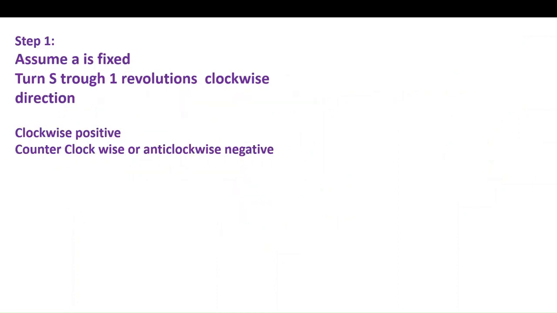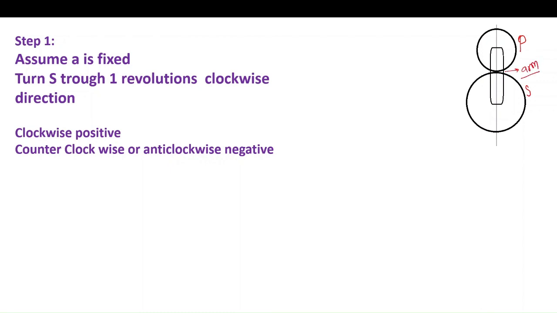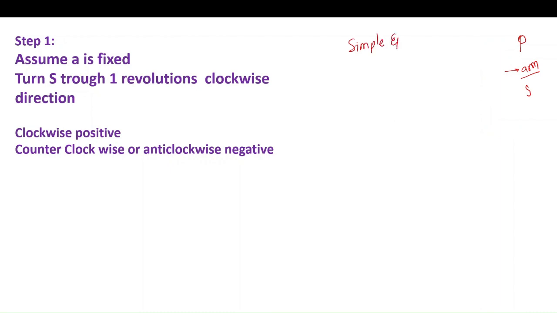Next, we will start with the analysis. Consider these two gears as a simple epicyclic gear train. This is gear P, this is gear S and this is the arm.